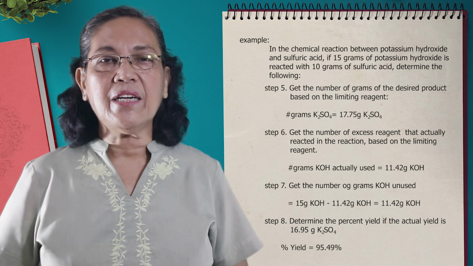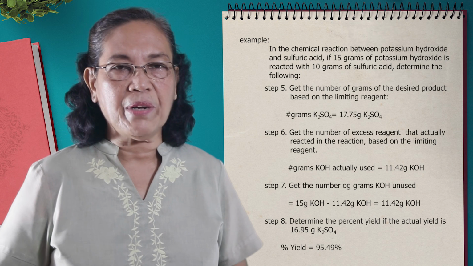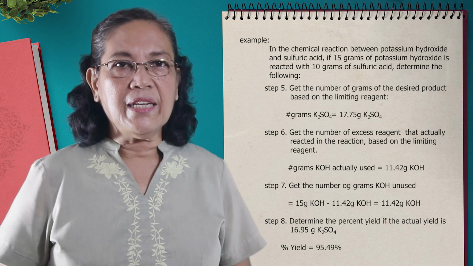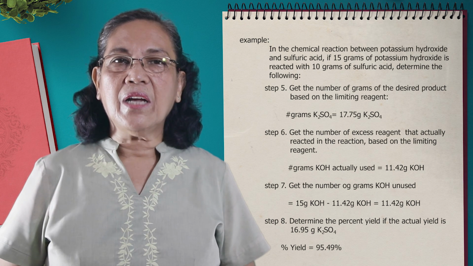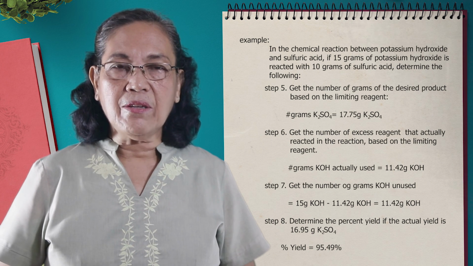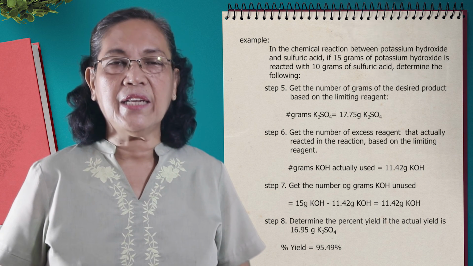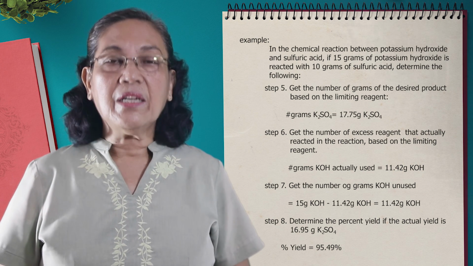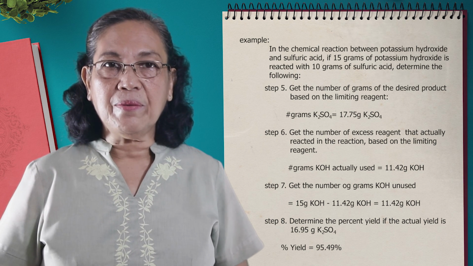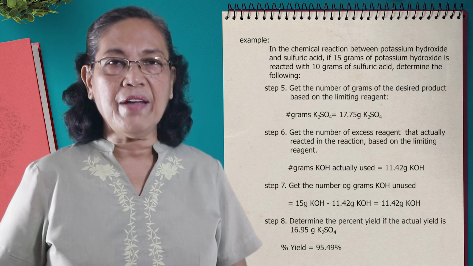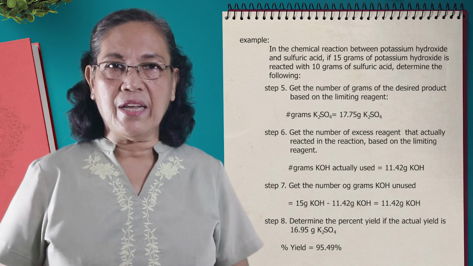Since at the start we are given 15 grams of the potassium hydroxide, and the excess reagent actually reacting is only 11.42 grams of potassium hydroxide, we subtract 11.42 from 15, so this will give us 3.58 grams of the potassium hydroxide, which is unused.